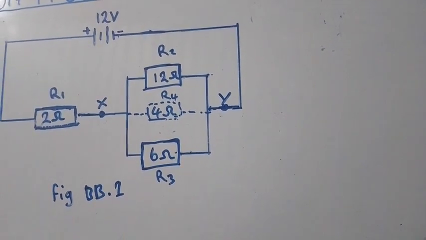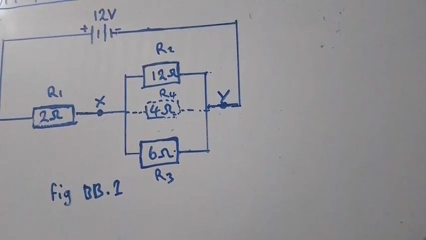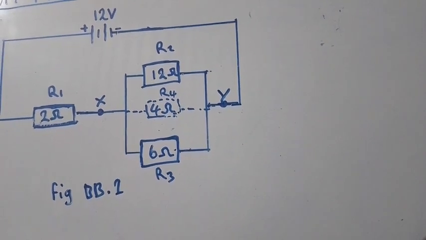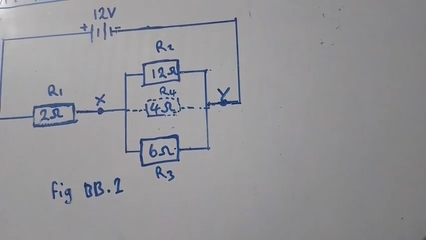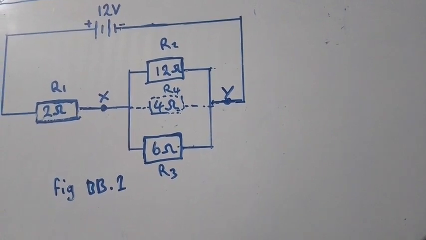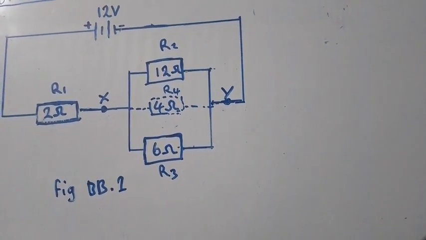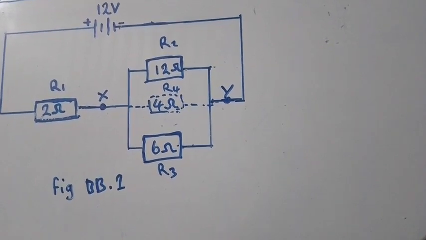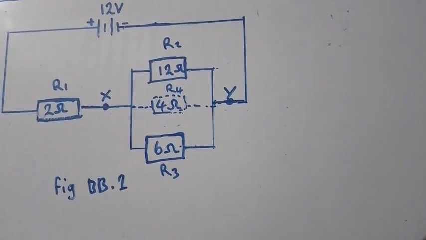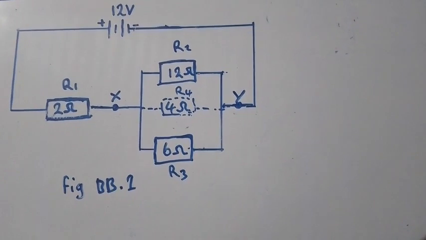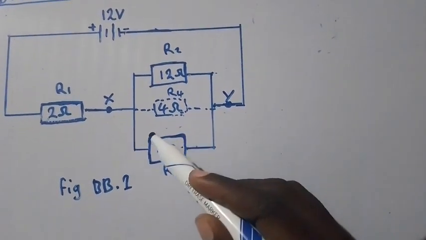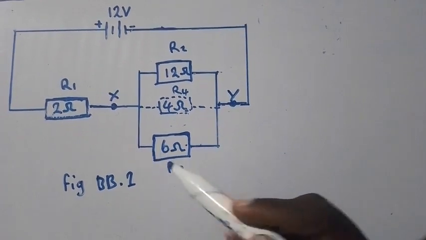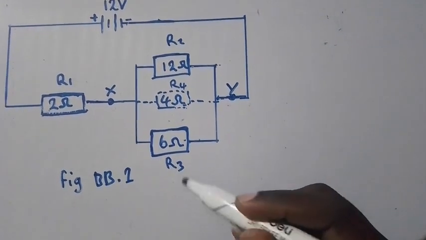We go to question C. The current flowing through 6 ohm resistor. They want us to calculate the current that is passing through resistor 3, which is the 6 ohm resistor.